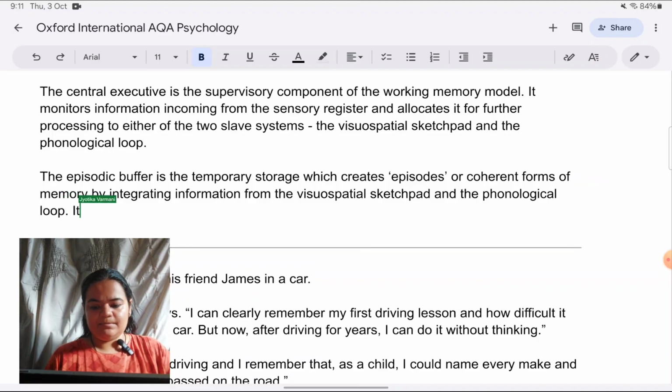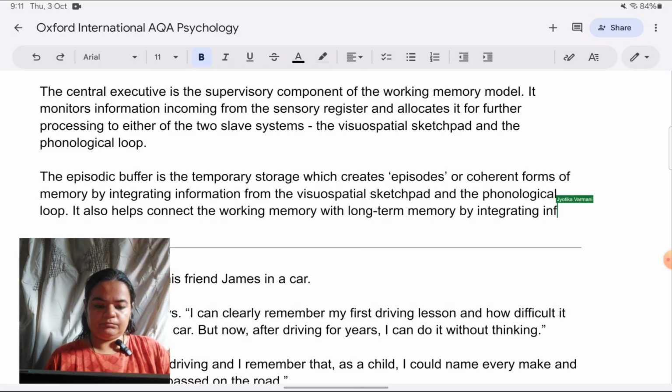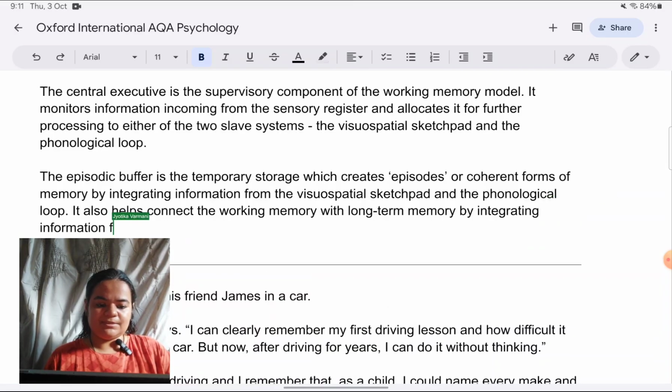It also helps connect the working memory with long-term memory by integrating information from these two separate memory storages.